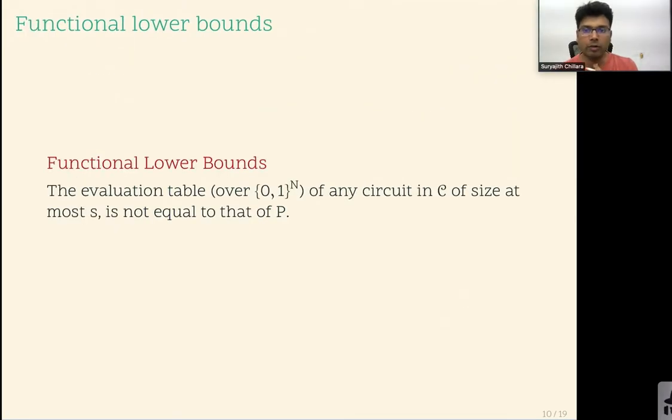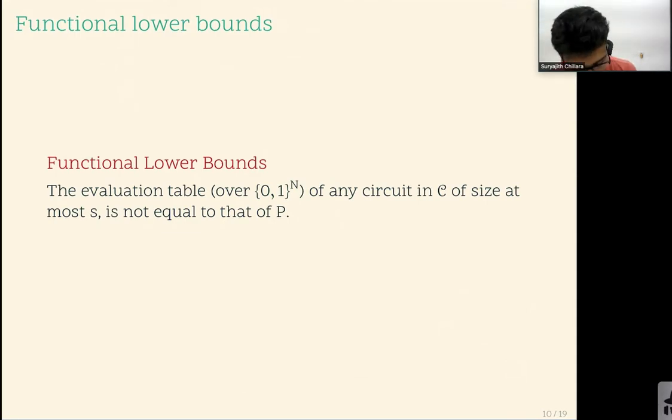So what are functional lower bounds? So let's say we want to prove a functional lower bound of S for a polynomial P against a circuit class C. We say a polynomial P has a functional lower bound of S with respect to a class of circuits C if the evaluation table over 0 1 power n of any circuit in C of size at most S is not equal to the evaluation table of P over 0 1 power n.